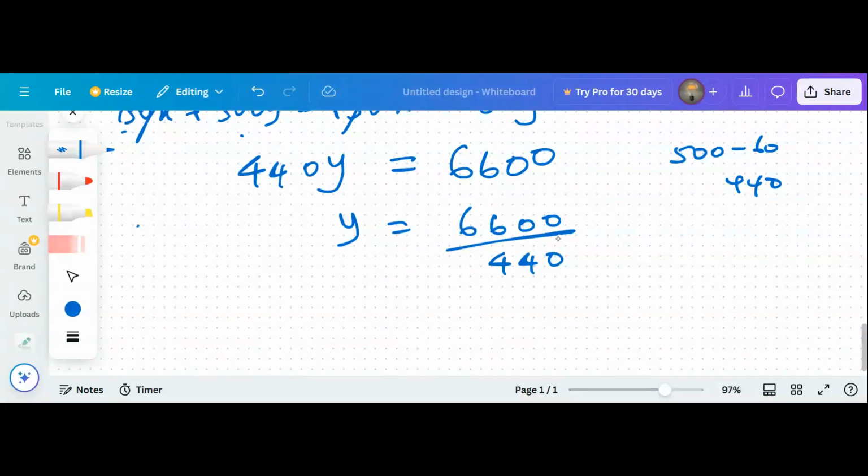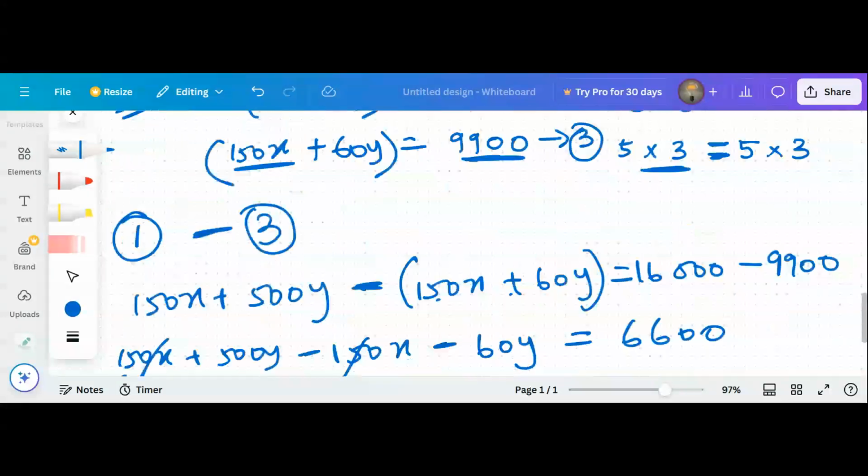Okay. 660 divided by 44. If we divide it, it would be equal to 15. So y is equal to 15.